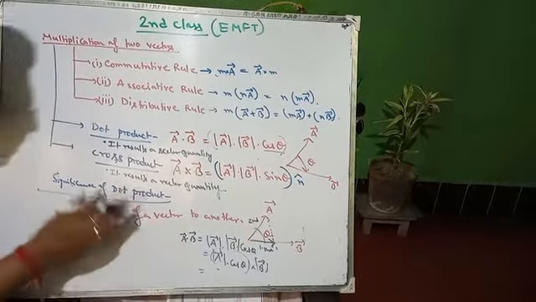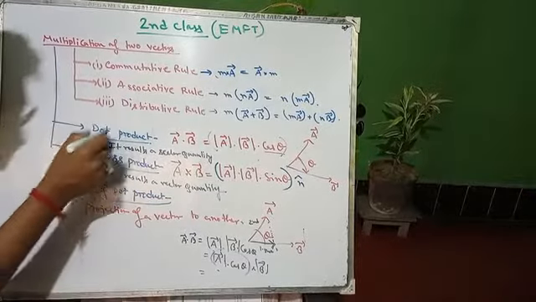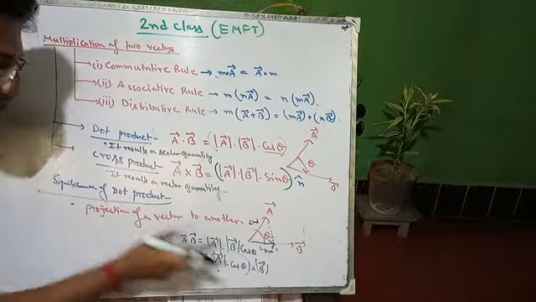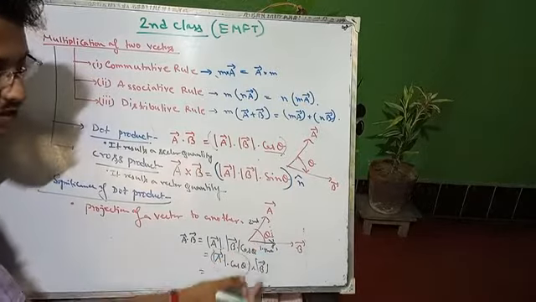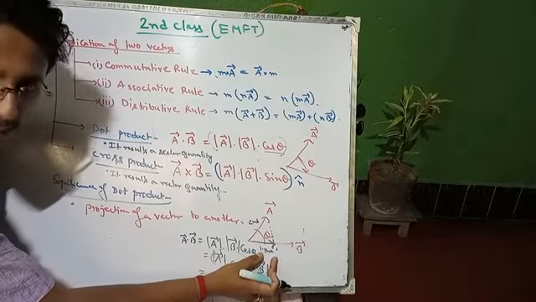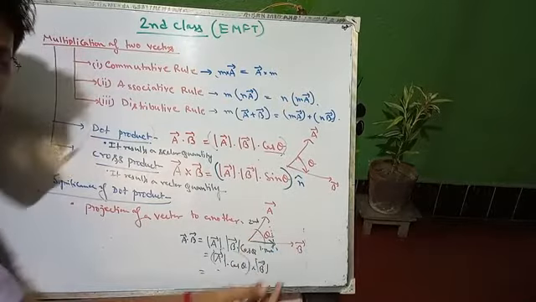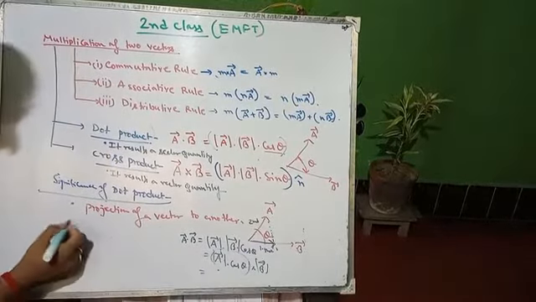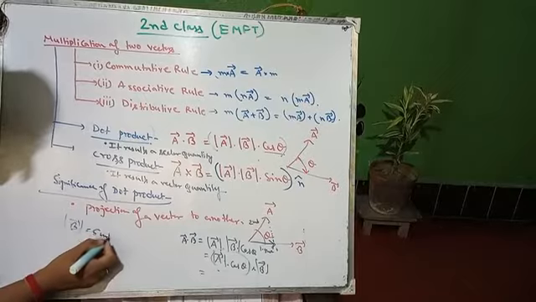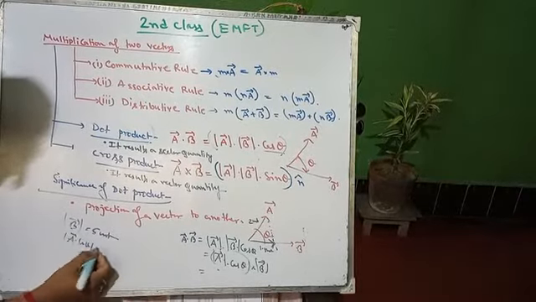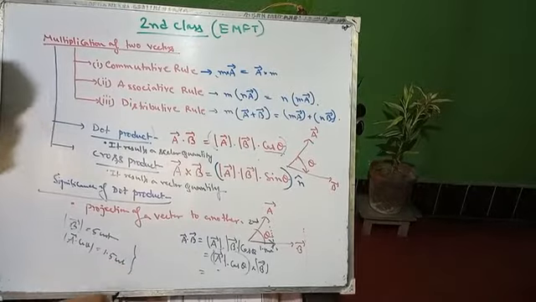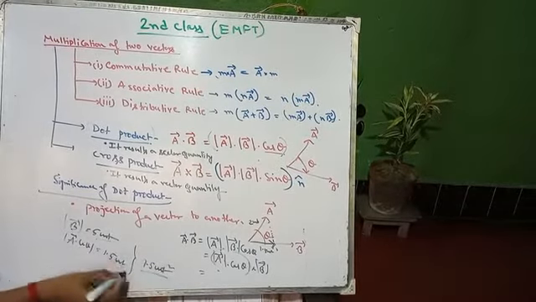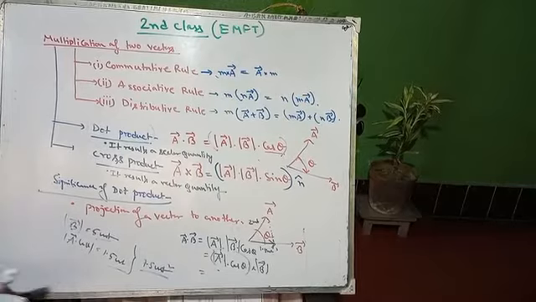A cos theta is multiplied with B. Always remember, the dot product is also called the scalar product of vectors, so it represents a scalar quantity, because it is just the multiplication of these two magnitudes. Suppose the magnitude of B is 5 units and A cos theta is 1.5 units. Multiplying them, you get 7.5 unit squared, since unit into unit is unit squared.